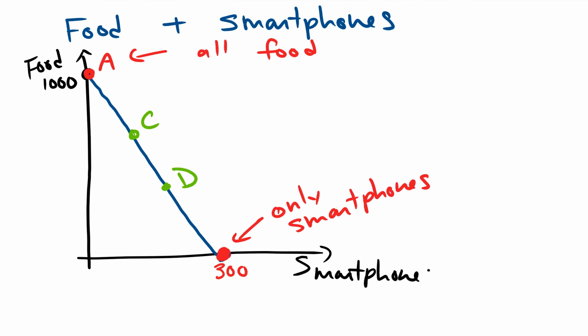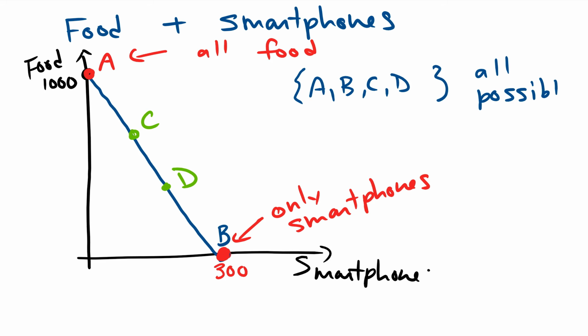Now, we can say something about these. These positions A, B (sorry, I forgot to label it), C, and D are all possible, right?